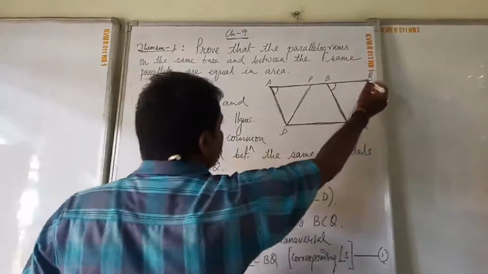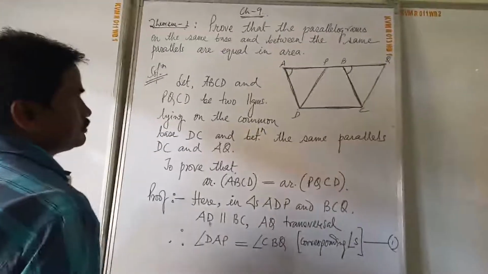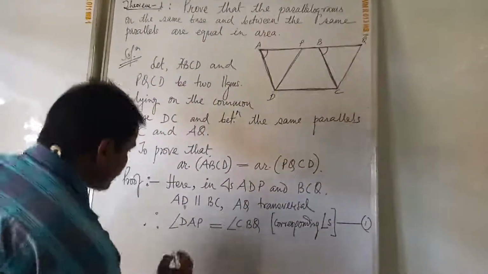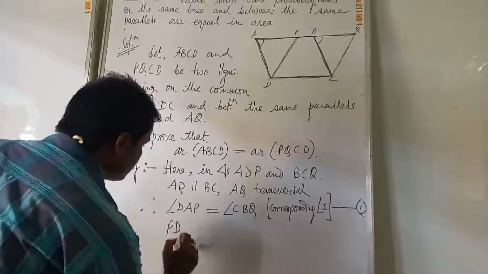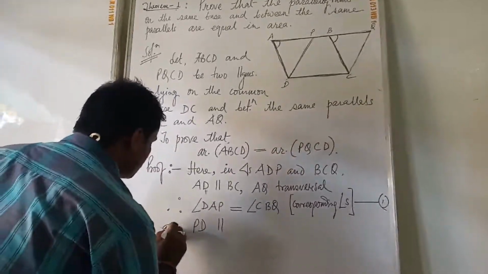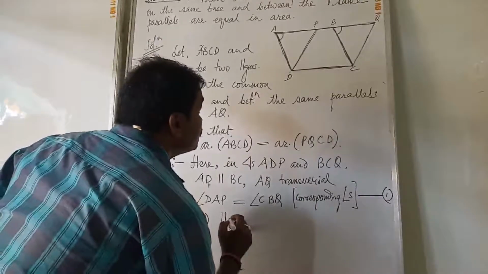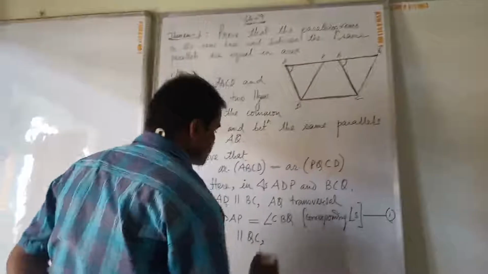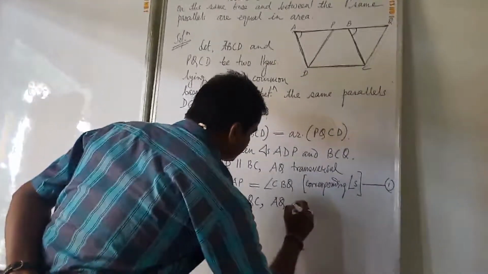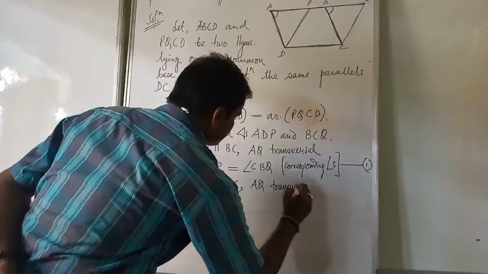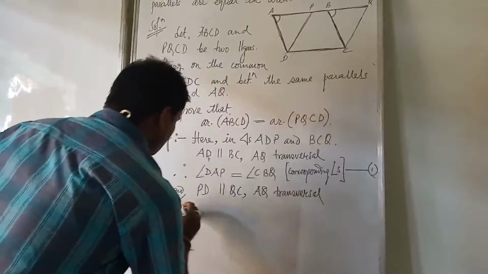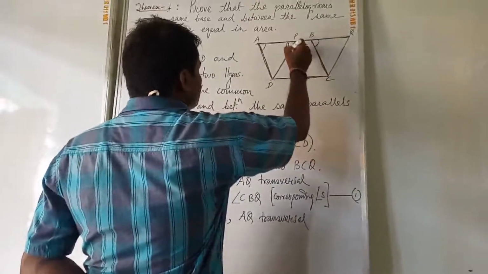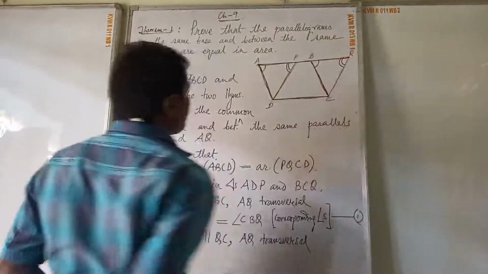PD parallel CQ, or you can write PD parallel QC. Again, AQ is the transversal. Therefore, these two angles are equal.